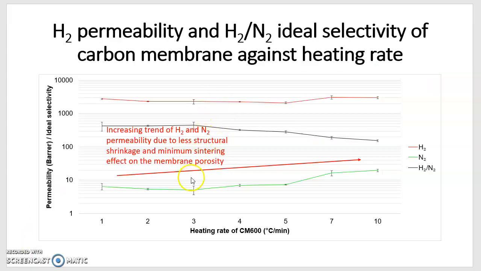Implementing higher heating rate on the carbon membrane means less exposure to sintering effect. Thus, possibly the pore size becomes larger, which allows larger gas to permeate as well. As can be seen here, together with the hydrogen permeability, the nitrogen permeability increased significantly, resulting in the hydrogen-nitrogen ideal selectivity decreasing.